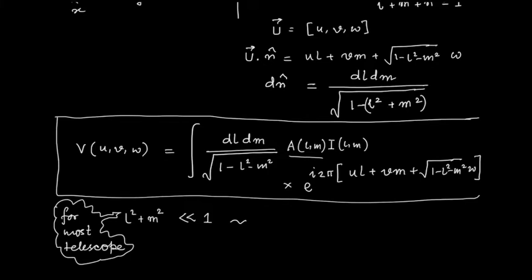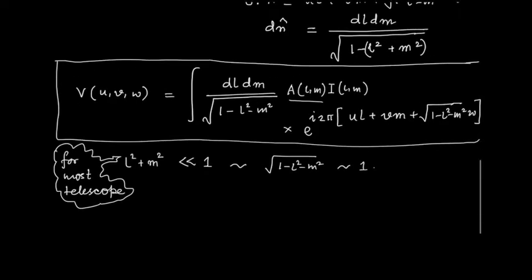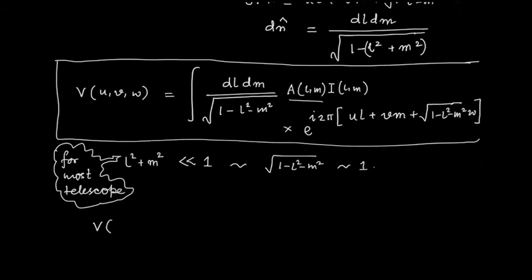Then the square root of 1 minus L square minus M square can be approximated as 1. If I do that, then V of u, v, w becomes, let's see what it becomes. The square root just becomes 1, so this is just dl dm.